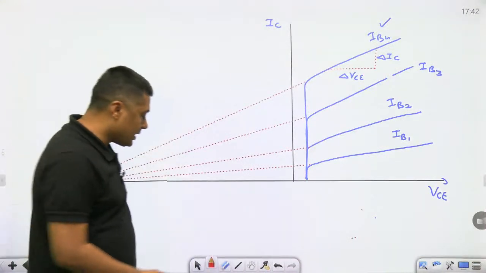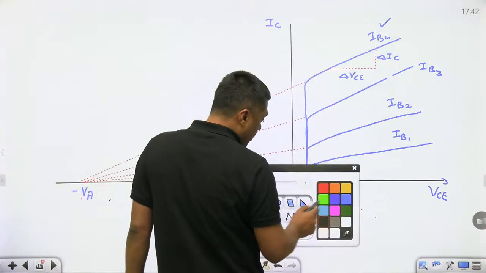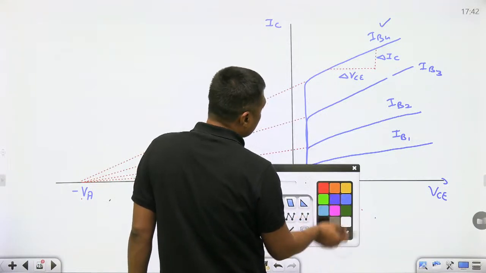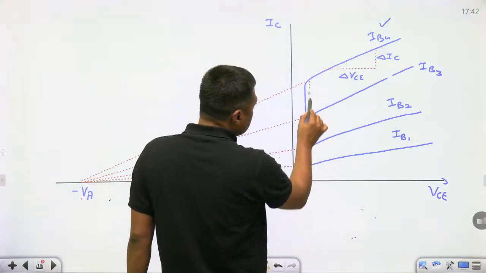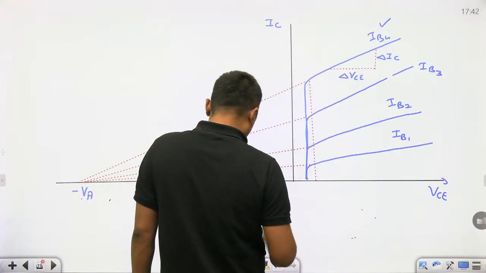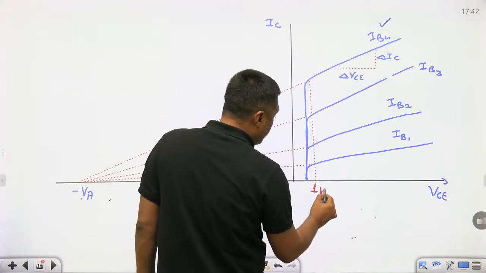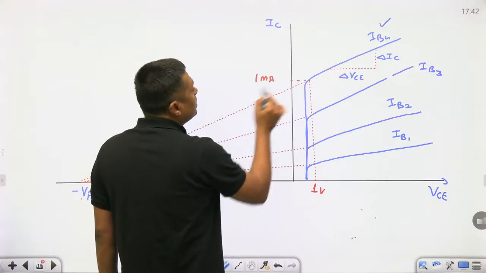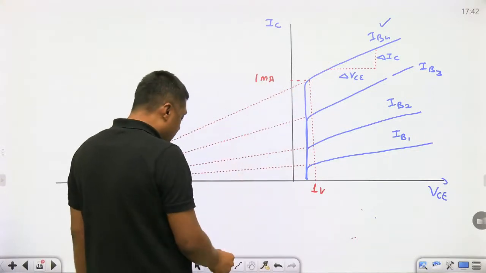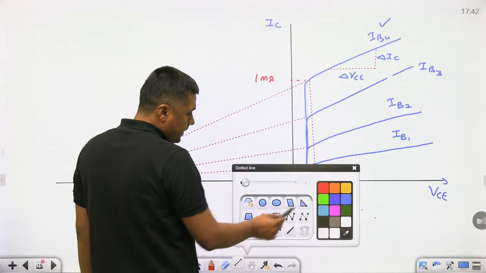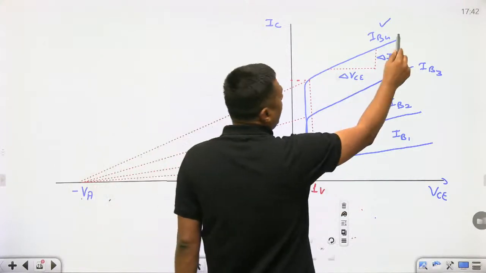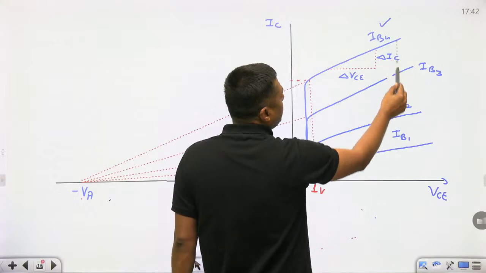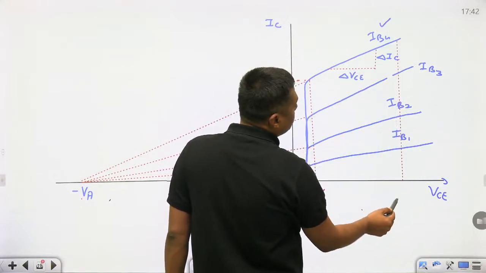Now exactly at this point, the first point is given here. When VC is 1, the value of VCE is 1 volt, and the value of the current is 1 milliampere. Now we are increasing VCE up to 11 volt, by keeping IB constant, meaning the same line.